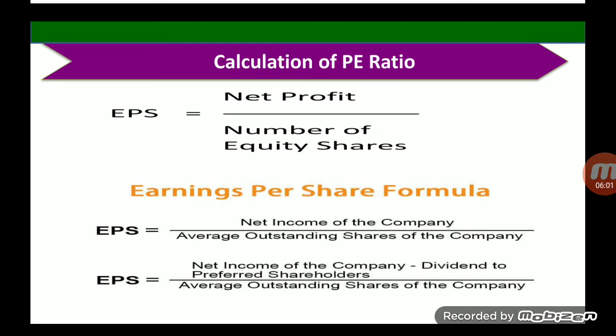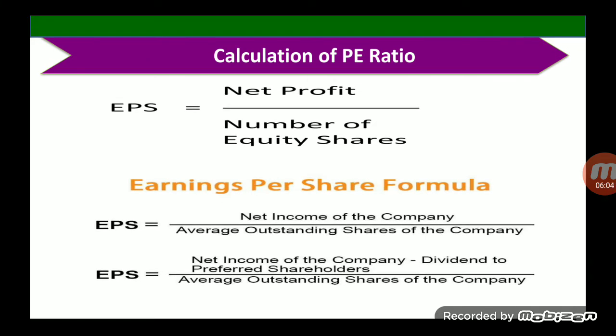Now let us discuss and understand how we can calculate the EPS. Sorry, here I have mistakenly mentioned P ratio, but EPS is equal to net profit divided by number of equity shares. In other ways we can calculate EPS, that is net income of the company, that is net profit itself, divided by average outstanding shares of the company. Try to understand here, average outstanding shares of the company.